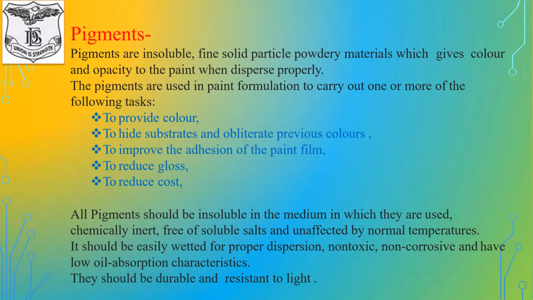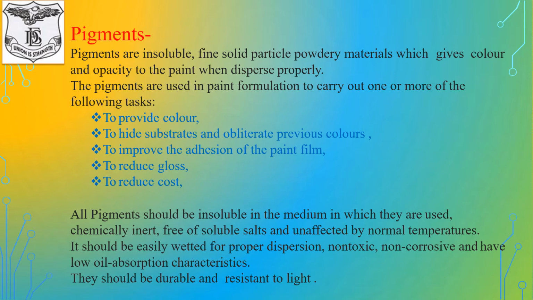Pigments are used in paint formulation to carry out one or more of the following tasks. Because when you add a material into the coating system, it has some performance and aesthetic properties. So pigment provides color to the coating material. Whichever color we see for the paint material is provided by the pigment.